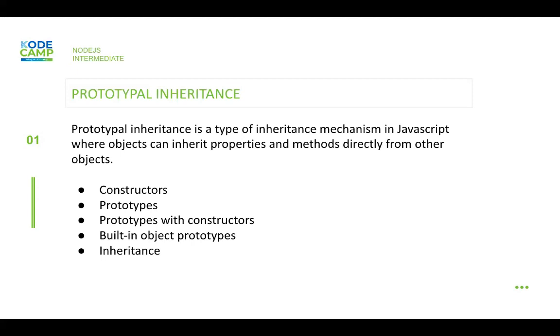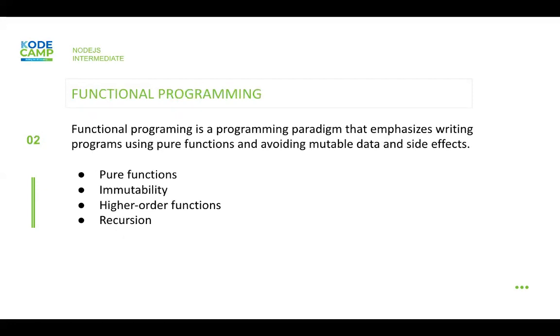Now we don't have much time. Let's move to functional programming, brush over it, and then call it a day. Functional programming is a programming paradigm that emphasizes writing programs using pure functions and avoiding mutable data and side effects. The first thing we're going to look at is pure functions.